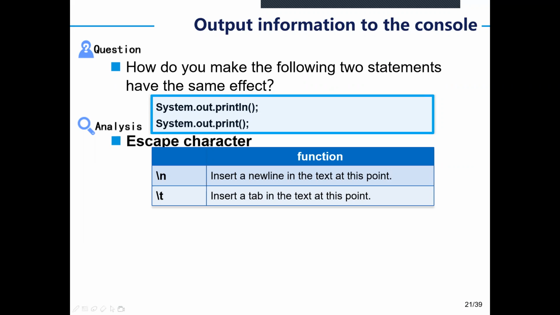This concept was already learned in C language. \n means insert a new line in the text at this point, and \t means insert a tab in the text at this point.